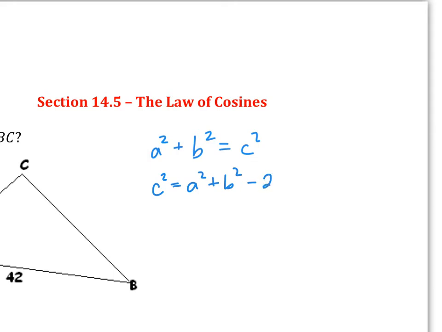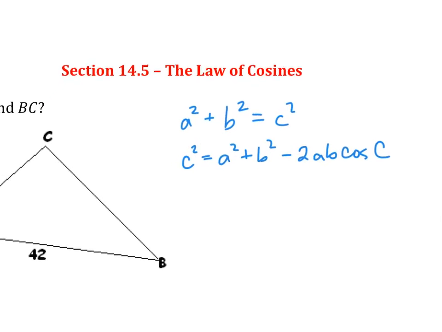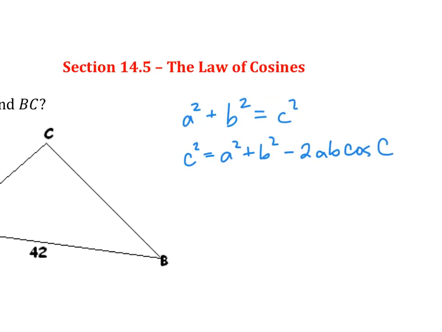So we're going to subtract out 2ab. So notice how a and b are these two here. So a times b, and then cosine of C, C being the angle that belongs to the opposite side, which is that c squared. So this is kind of the format for all law of cosine.